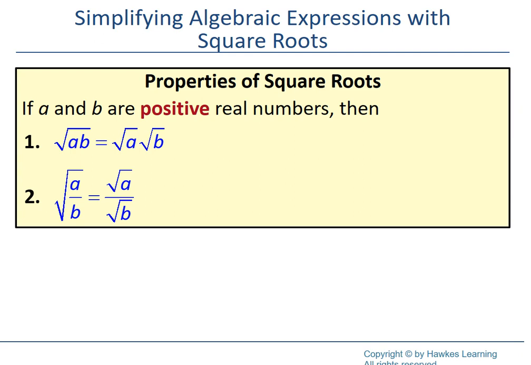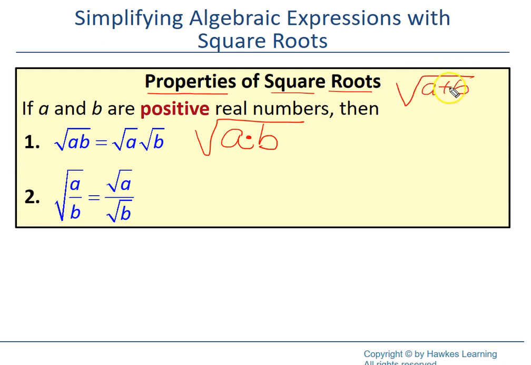are called the properties of square roots. And this first property is that if under the radicand, remember, this is a times b, it's not a plus b.